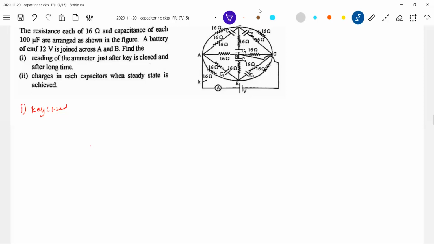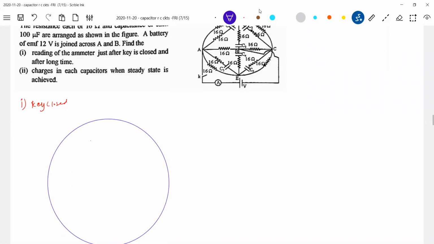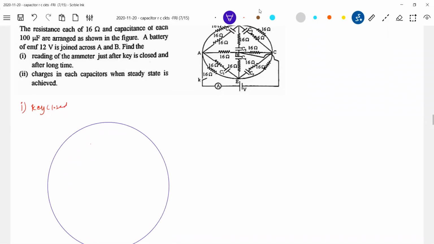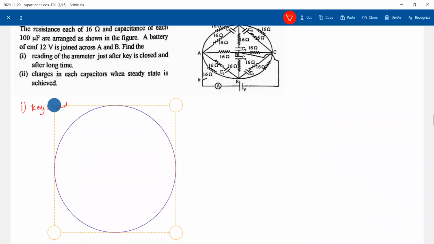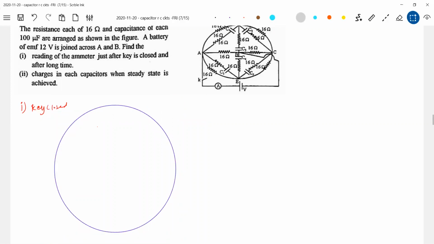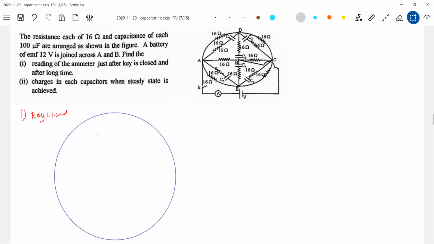We have a circle. One resistor here, one resistor, there's one resistor.